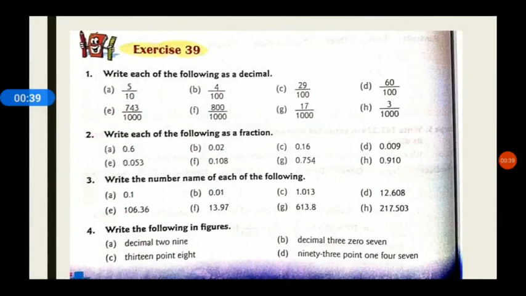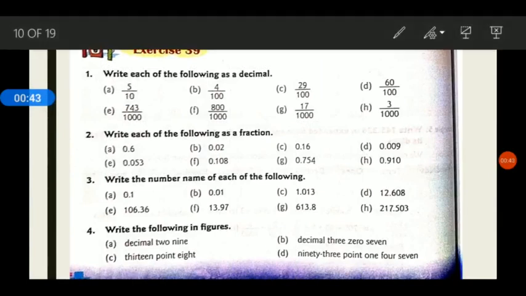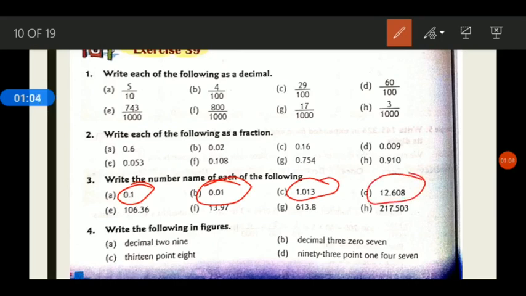Next question is question number 3. Write the number name of each of the following. So number name is easy. You have to write only separate numbers. 0.1, we can write decimal 1. This we can write decimal 01. Here we can write 1.013. Here 12.608.